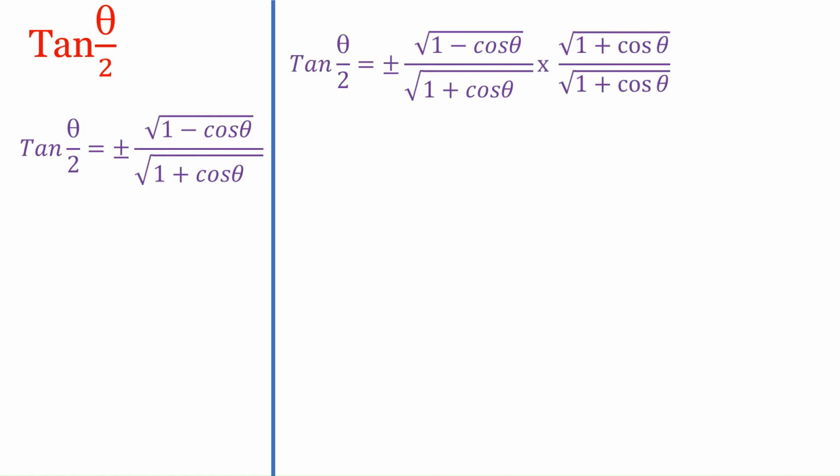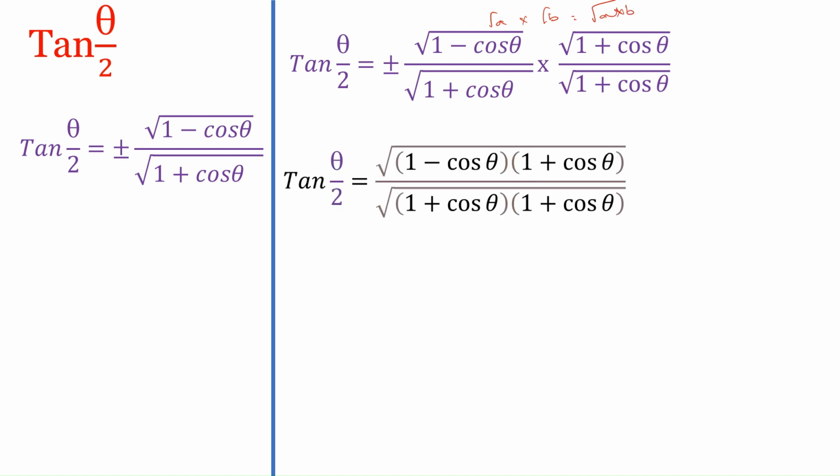The third one, for that both the numerator and denominator, we will multiply them with root 1 plus cos theta. Again, these two are like root a into root b. So we'll make it as root a into b, and it will get modified like this. Now in the denominator we have two similar terms, that is a and a. So it's like root a into a, which is again root a square, that is nothing but a.